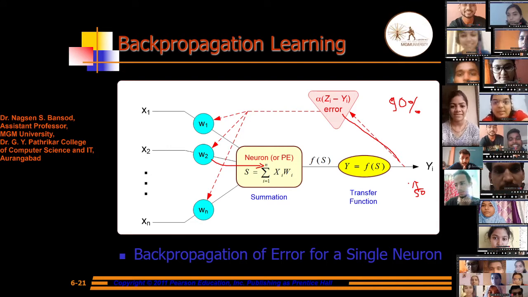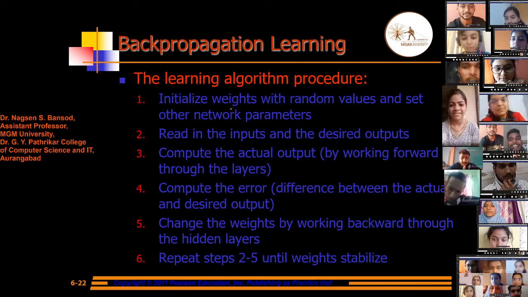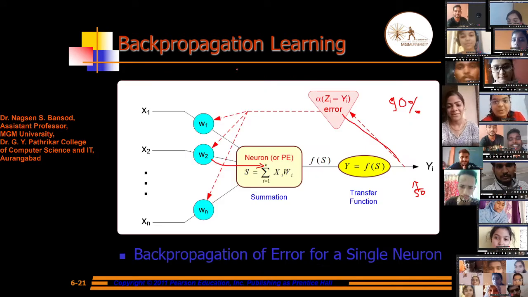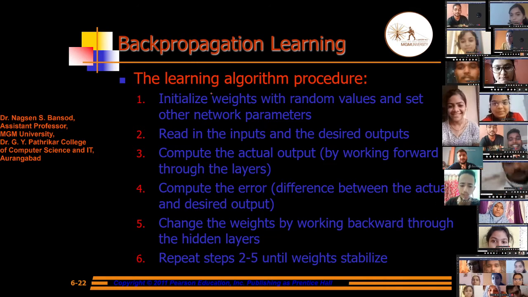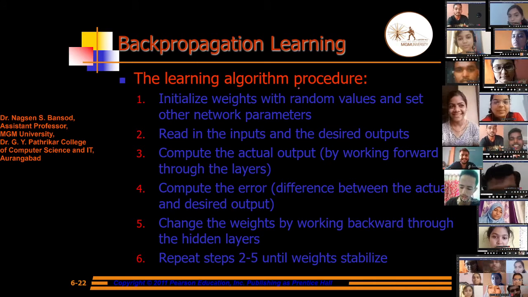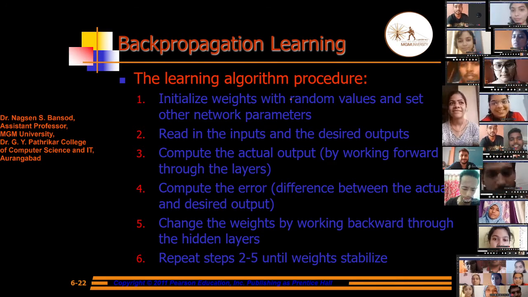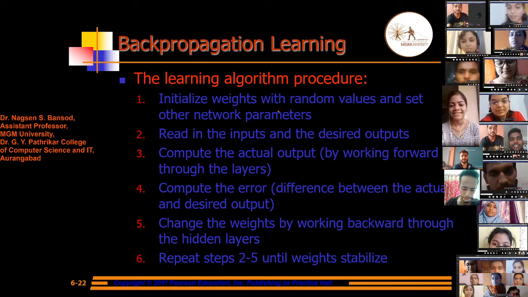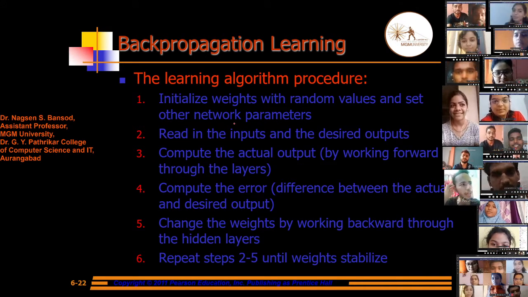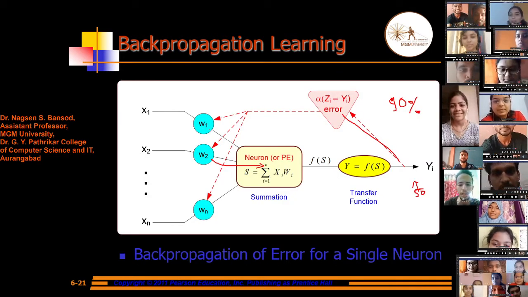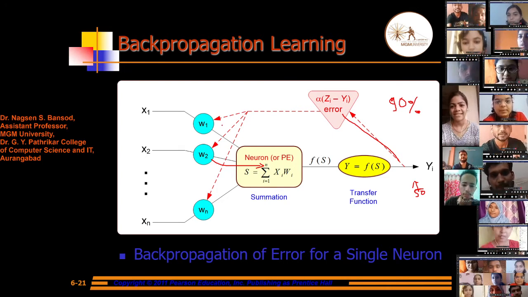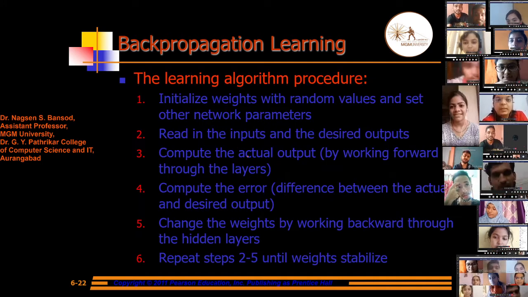You see the working of this. Now how will we learn backpropagation learning? Backpropagation learning is a learning algorithm procedure. What is the first procedure? Initialize weights with random values and set other network parameters. We will use any random number for starting, process it and then find the output.